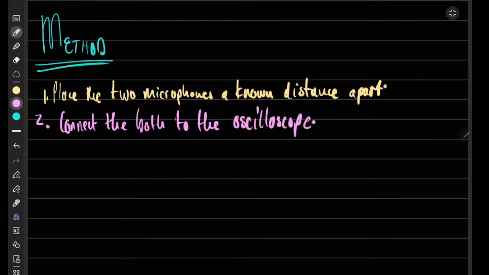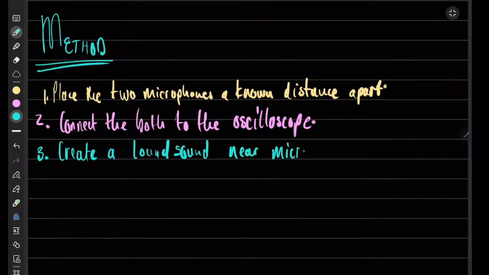Connect the 2 microphones to the oscilloscope. Number 3, create a loud sound by clapping the blocks together near the first microphone. Let me say near microphone 1.